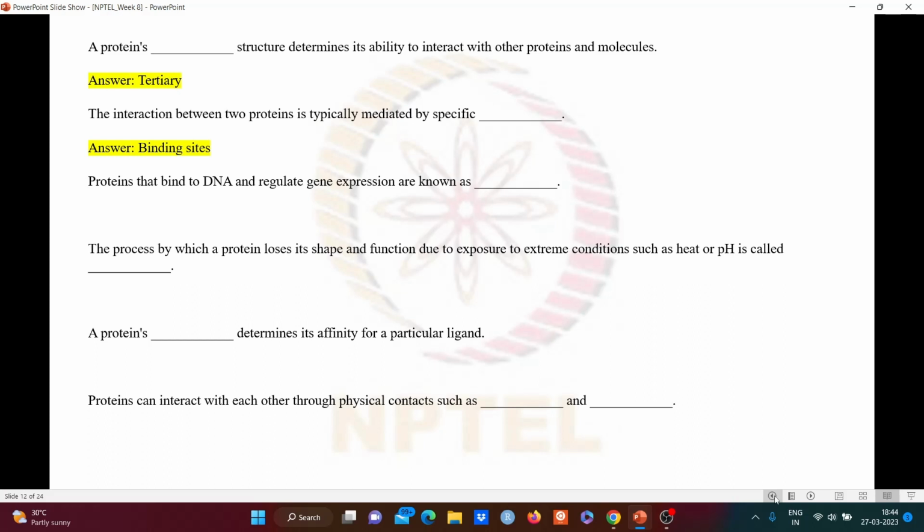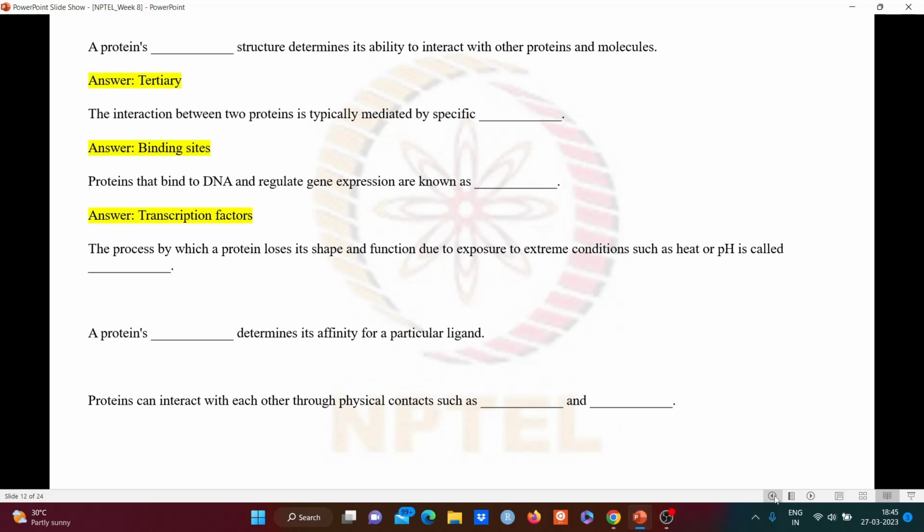Can you be more specific in the term? Can it be transcription factors also, right? Okay, transcription factors are also part of DNA binding proteins. Even that is correct. Yeah, here I asked for a particular class of proteins which bind to DNA and regulate the gene expression.